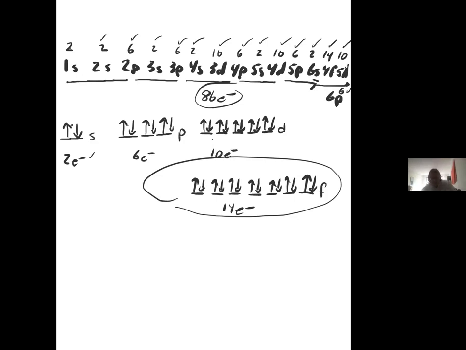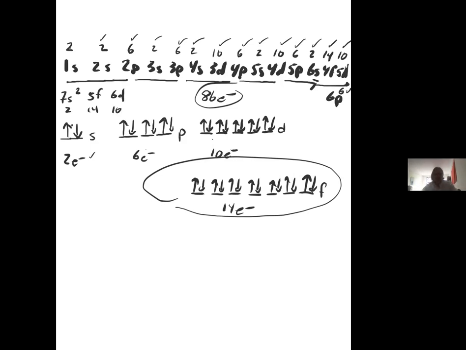Well, after you get the 6p, the next one is the 7s. So that gets you another 2. So now you're up to 88. And then the next one would be the 5f. That can go up to 14. So that's 88 plus 14, 102. And then you can do your 6d. And that can go up to 10.